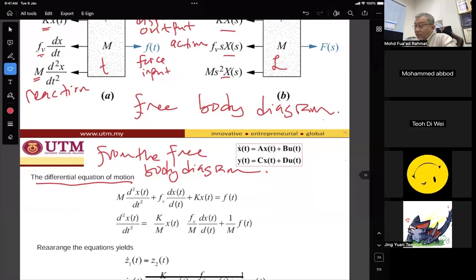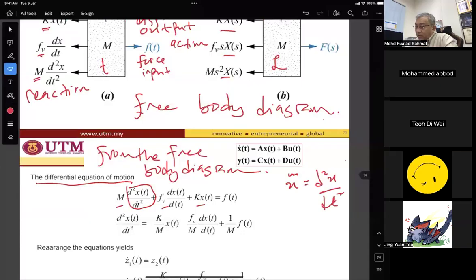Where f(t), the force on the right hand side, is equal to the reaction forces from the spring, from the damper, and from the mass. Okay, and our interest is to find the x double dot, also known as d square x over dt square.